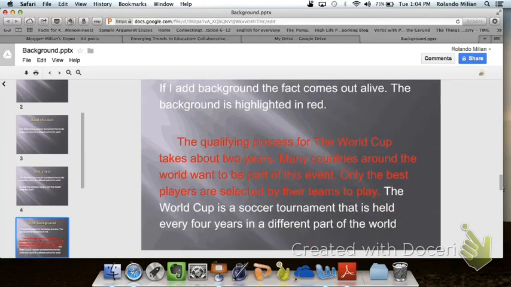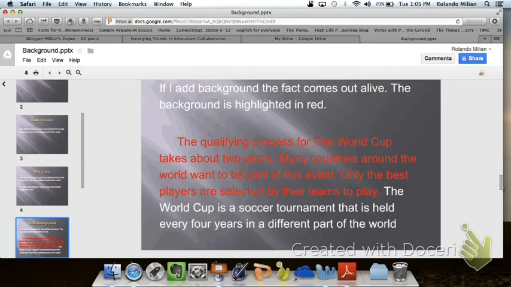The qualifying process for the World Cup takes about 2 years. Many countries around the world want to be part of this event. Only the best players are selected by their teams to play. The World Cup is a soccer tournament that is held every 4 years in a different part of the world.